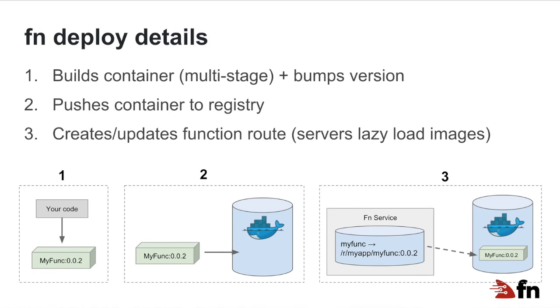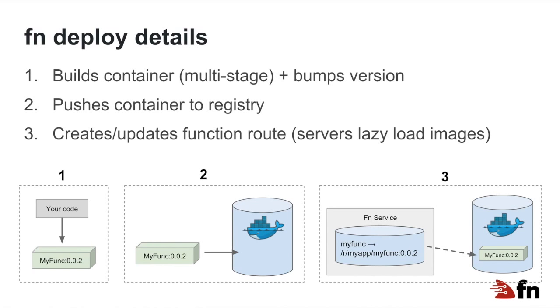Here's the details of FN deploy. So first thing it does is build your container and bumps the version. It automatically will do a multi-stage build if it's a supported language to make your resulting function as small as possible.